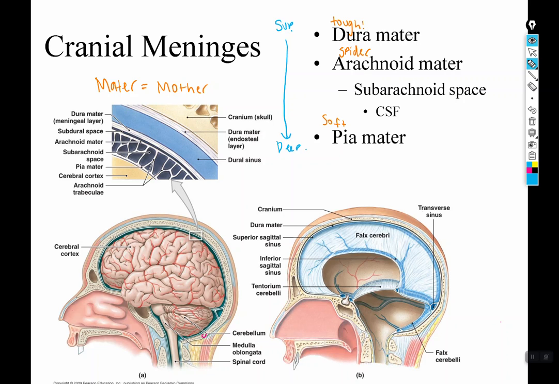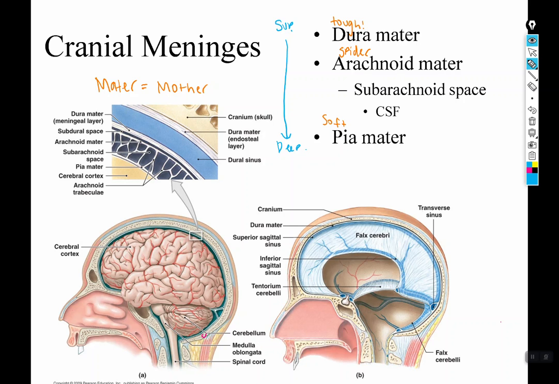If you know what Tyvek is, it's used to wrap homes that are being built so that the wood doesn't become waterlogged while the home is waiting to finish being constructed. And it is super puncture resistant and really difficult to tear. If you took it between your two hands and tried to tear it like you would a sheet of paper, you can't do it. The dura mater is the same in nature as that.